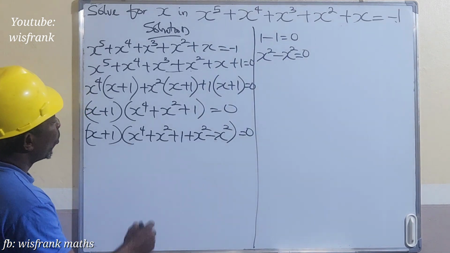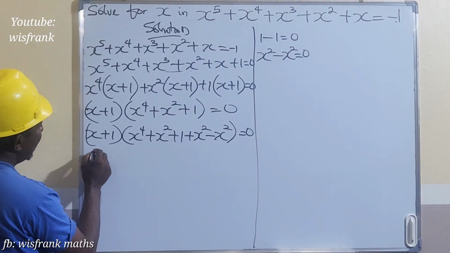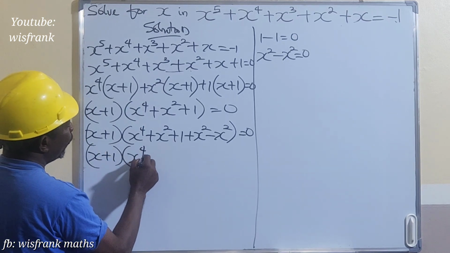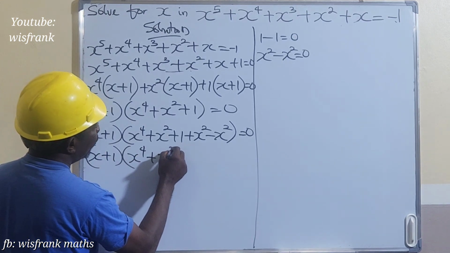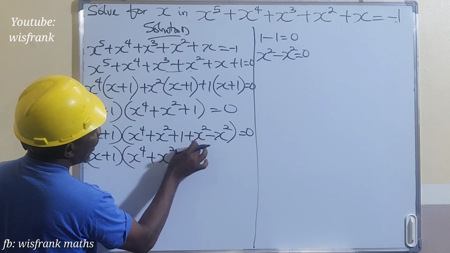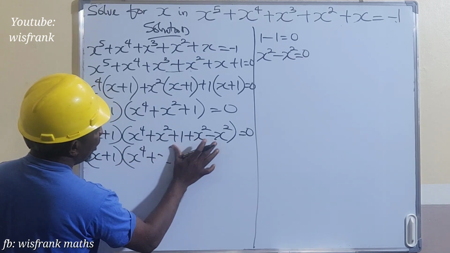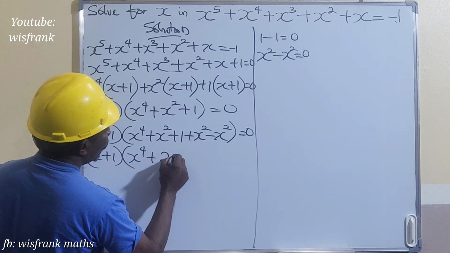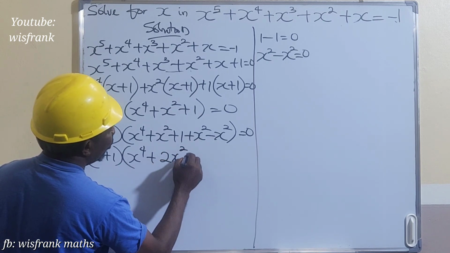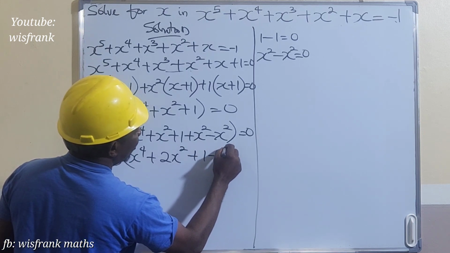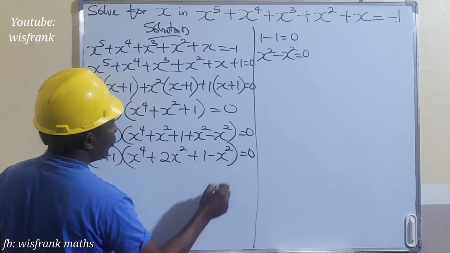So here we can simplify this as x plus 1 into x to the power of 4 plus x to the power of 2 plus x to the power of 2, which is going to give us 2x to the power of 2, then plus 1 minus x to the power of 2 equals 0.